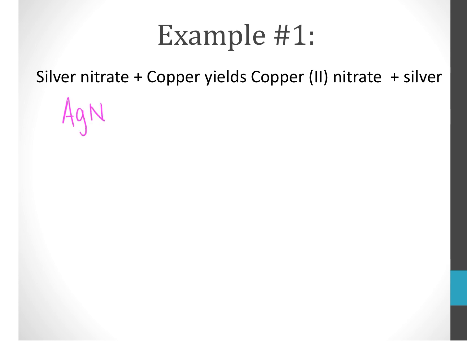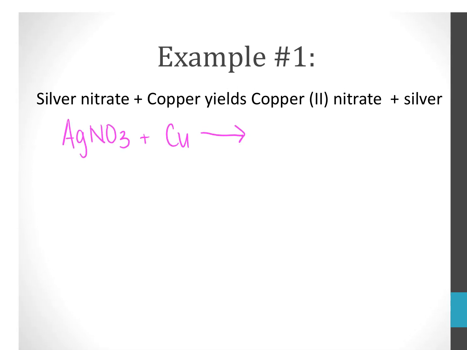Okay, so we're going to AgNO3. And then what's the symbol for copper? Okay, yields is just that arrow. And then we have copper 2 nitrate. So again, when we write that formula, we have to do the crisscross rule. So what's the charge in copper 2 nitrate?